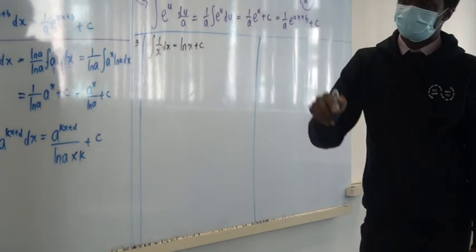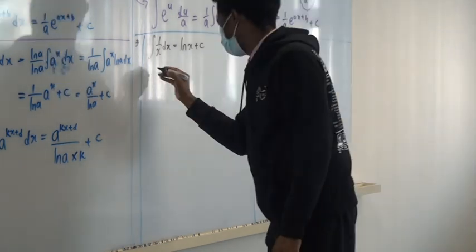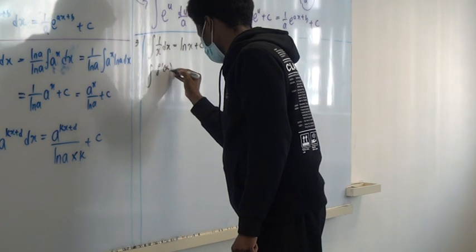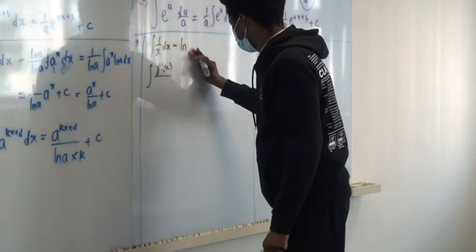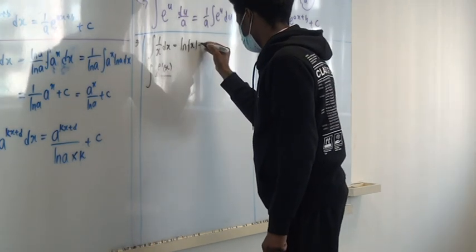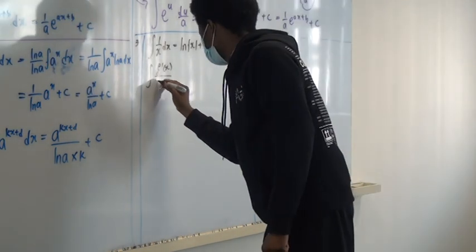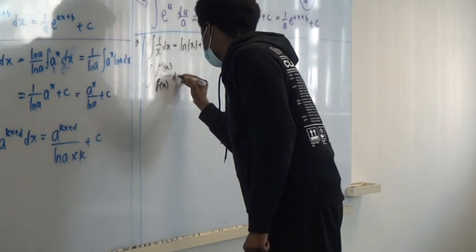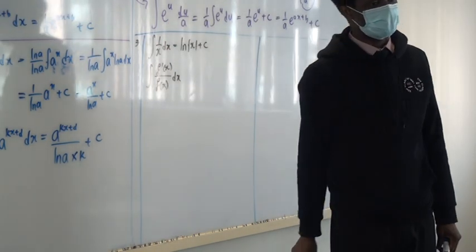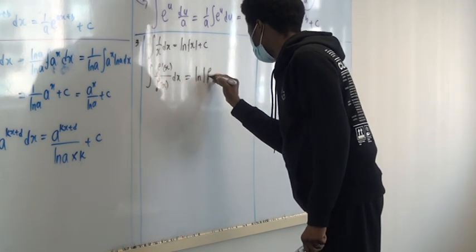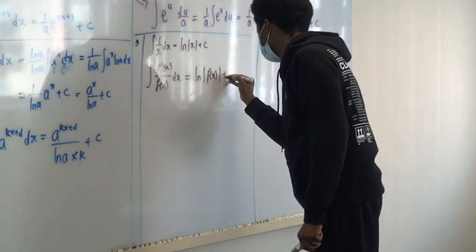Is that not? And from the generalization on the next step, in general, the integral of a derivative over the function gives the natural log of the absolute value of x, unless you specify x to be greater than 0, okay? This is the generalization on the next step, right? And this will give you the natural log of the absolute value of that function.